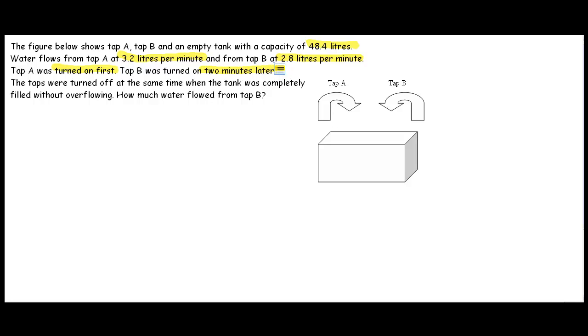Based on the information that tap B was turned on 2 minutes after tap A, we can find the amount of water that has flowed from tap A in 2 minutes.